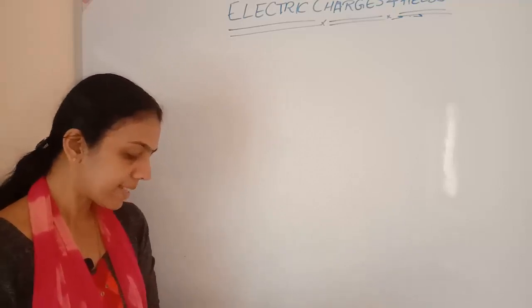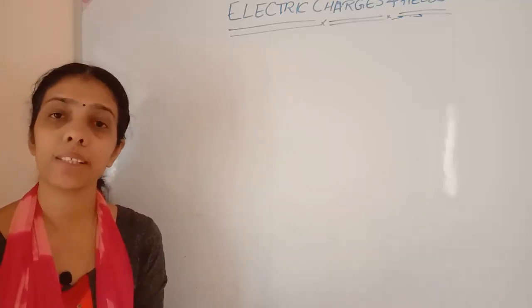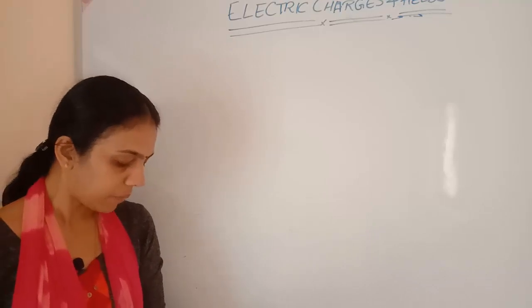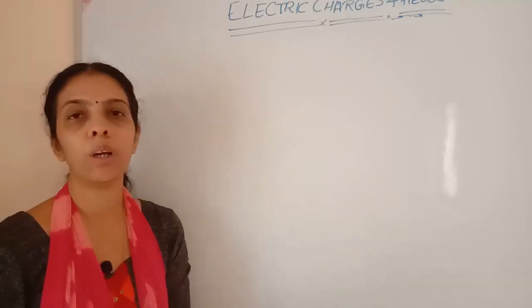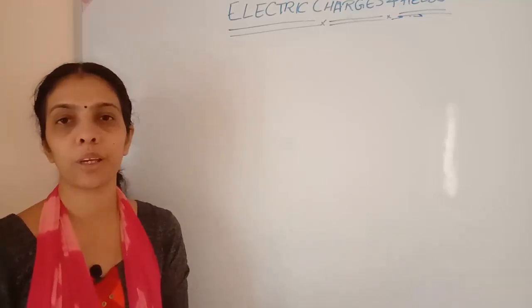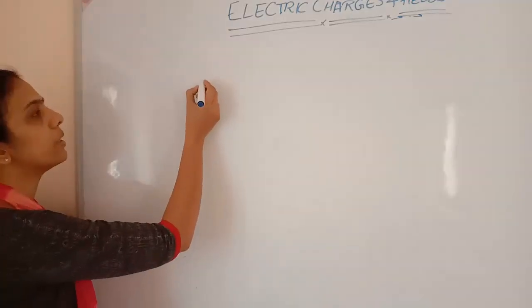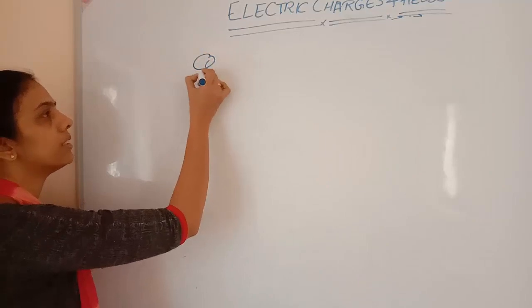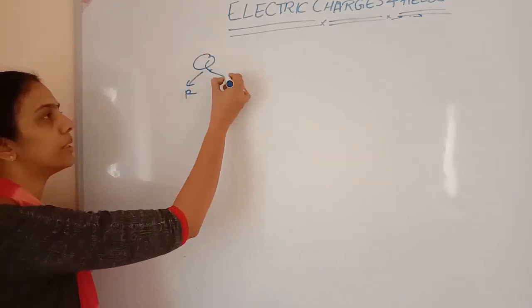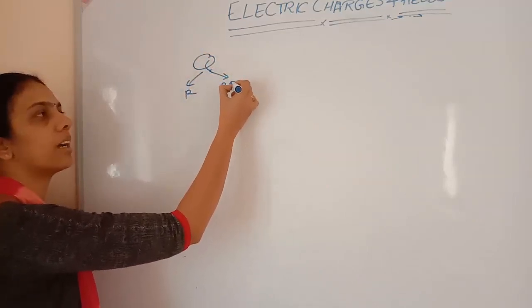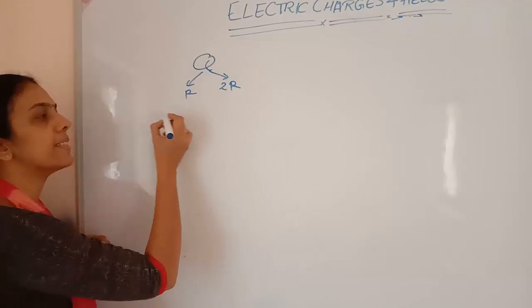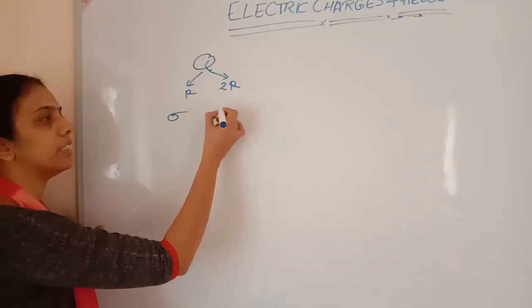The surface charge densities are equal. We should find out the charge on the larger sphere. Larger sphere means the one at 2r. What will be the charge? So here total Q charge is distributed to the spheres having radius r and 2r. Right, surface charge densities are equal.